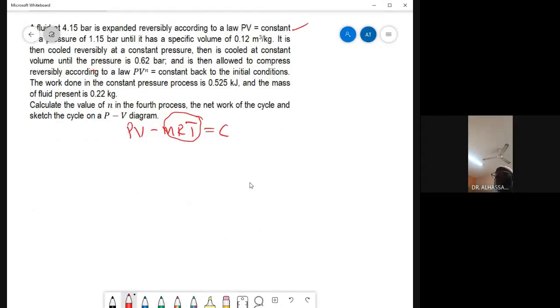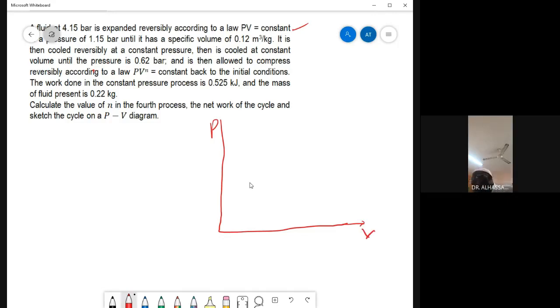So if we have to draw the PV diagram for the process, it means from state 1 up to state 2, this is isothermal.